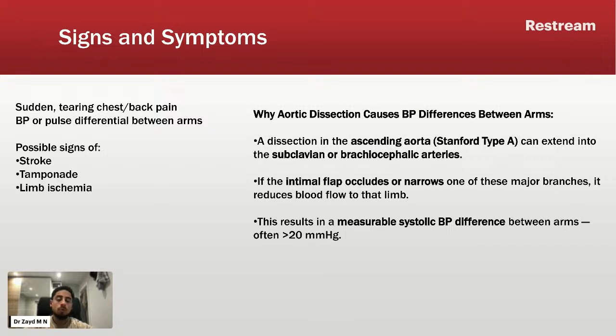So oftentimes a person presents with back pain, chest pain. You'd measure their blood pressure, but oftentimes what's missed is that you don't measure their blood pressure in both arms. You should always measure blood pressure in both arms if you're suspecting aortic dissection. Okay, moving on.